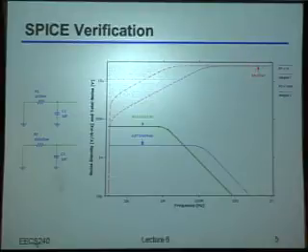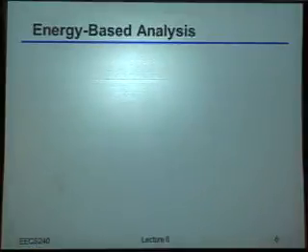I claim actually, though, that there's another very good way of arguing why it has to be the case that the resistance doesn't matter at all. In order to do that, I'm going to do an energy-based analysis that says, indeed, it doesn't matter what the resistance is. You should always get this result that says the thermal noise variance is kT over C in voltage.